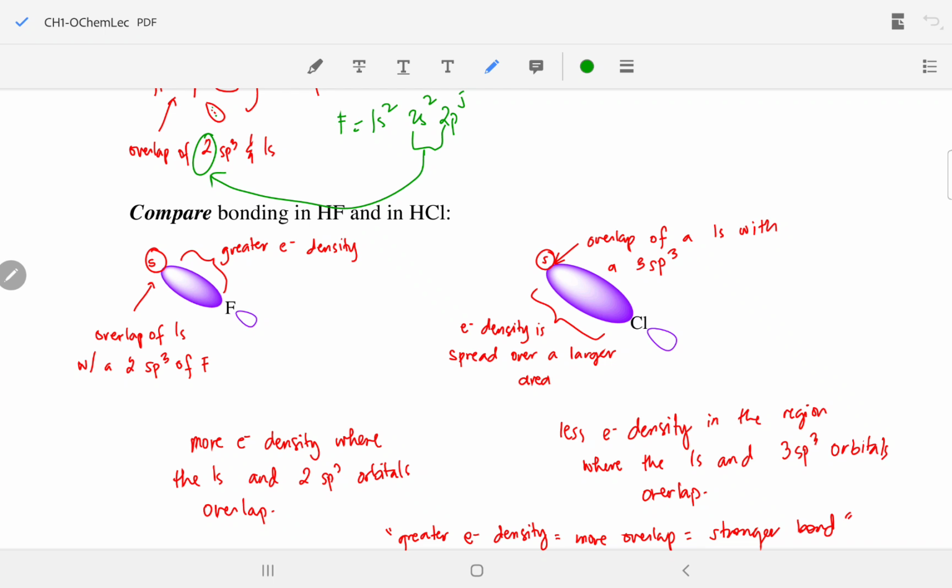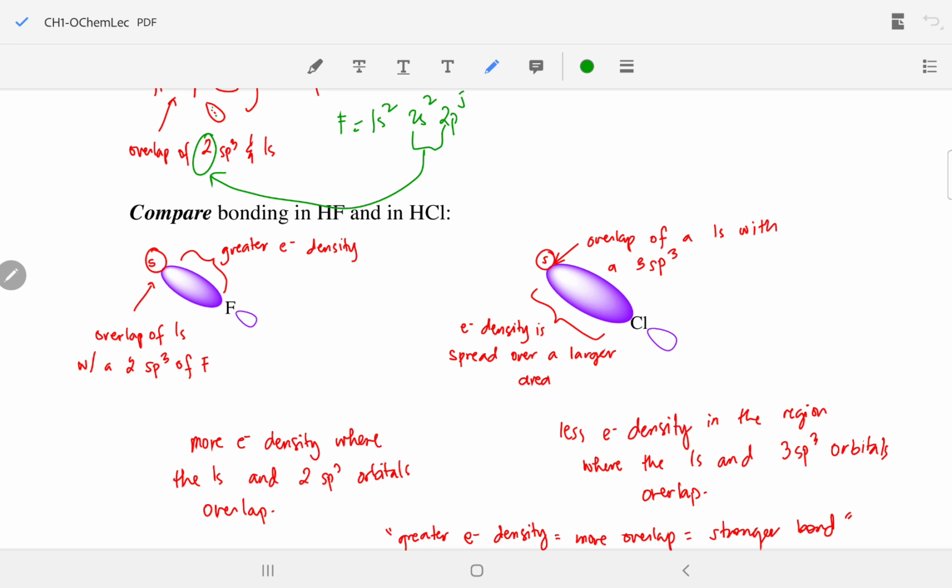If you compare HF and HCl, the overlap in HCl is between the 1s of the hydrogen and the 3sp3, because if you write the electron configuration of chlorine, it reaches the third shell. So here is the molecular orbital representation.